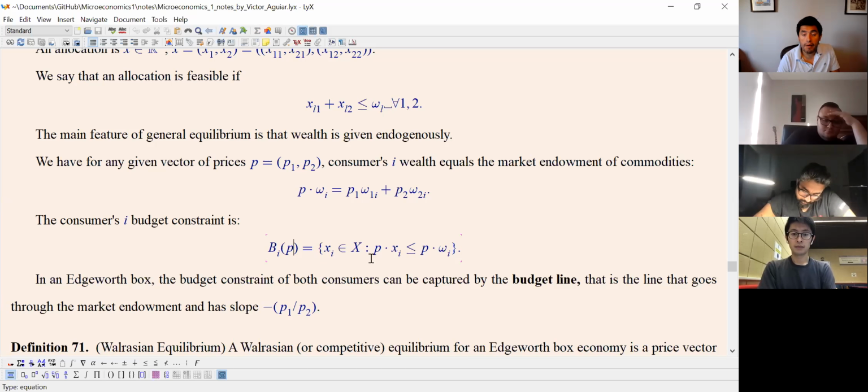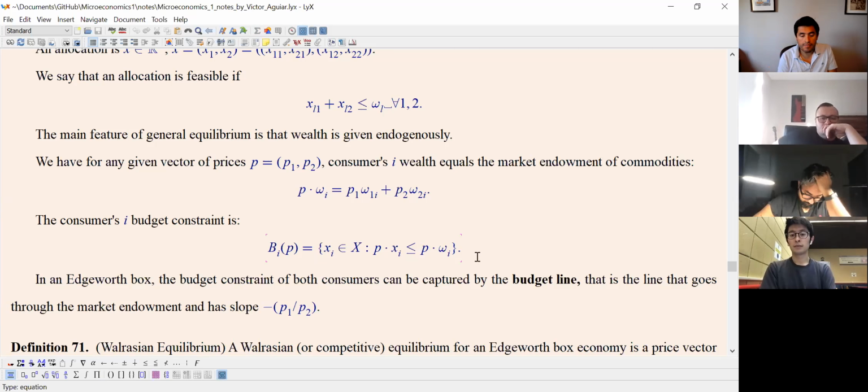Now the consumer can buy things whose total expenditure is less than or equal to the prices multiplied by the endowment, which is the new income. Everyone understands? This budget looks a little bit symbolically like the chapter 3 Mas-Colell, Whinston and Green budget, but it's not the same. I want to be clear.